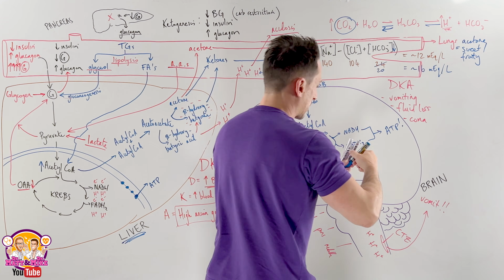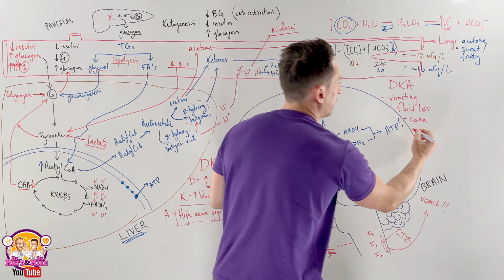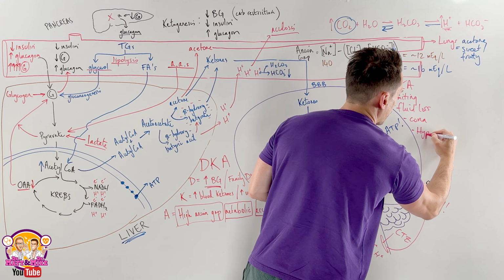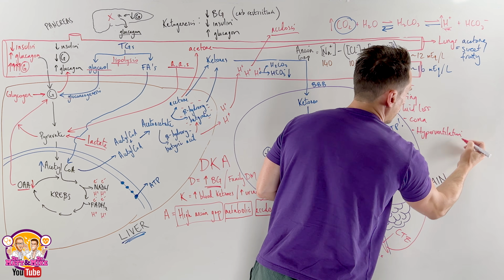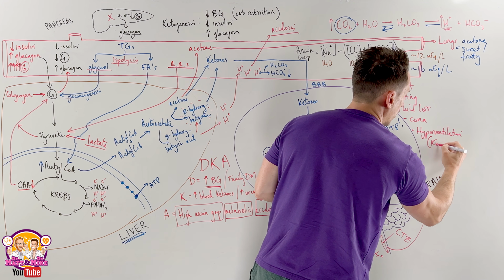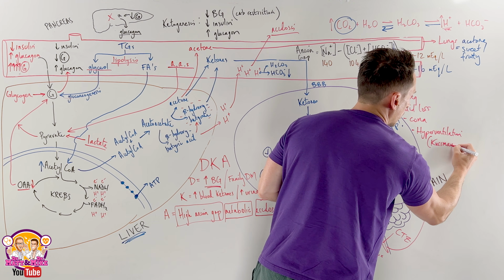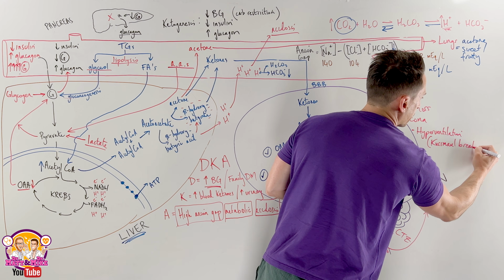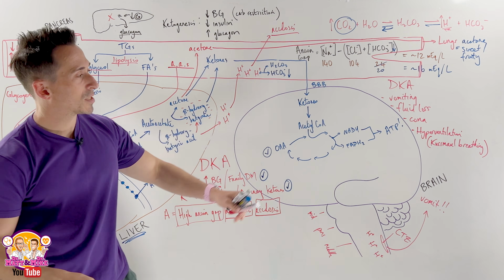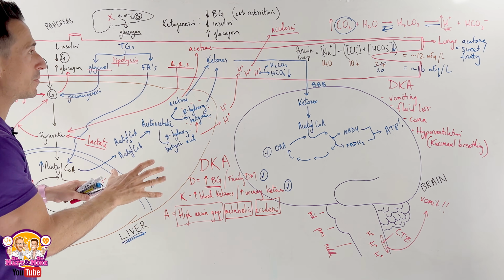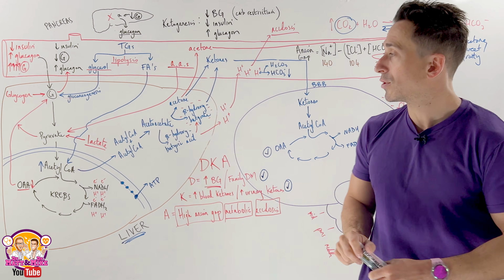So another thing that can happen is hyperventilation. Hyperventilation, called Kussmaul breathing. So these are just some of the issues that can happen when somebody has diabetic ketoacidosis.